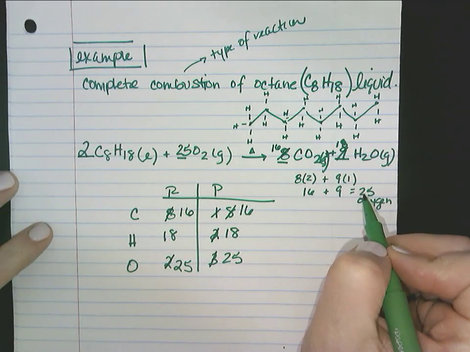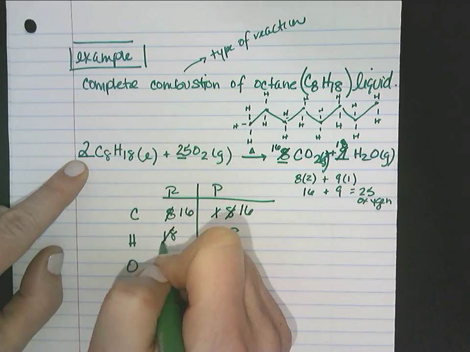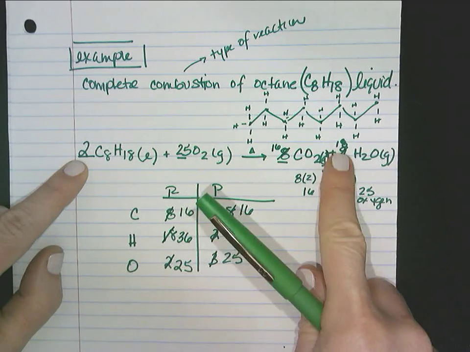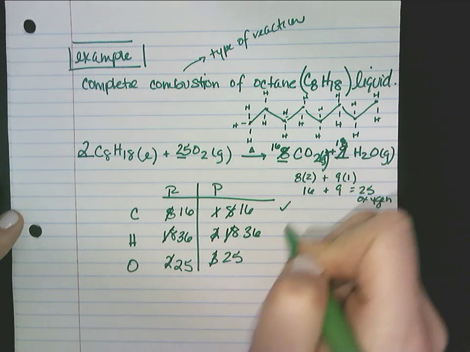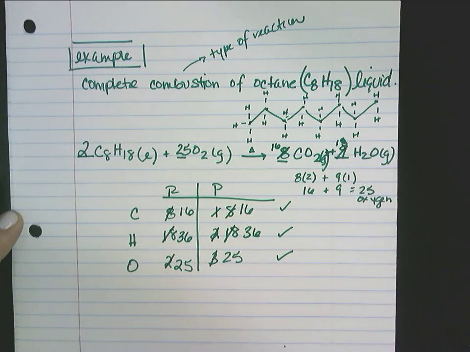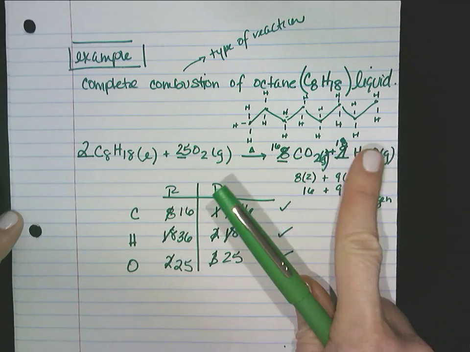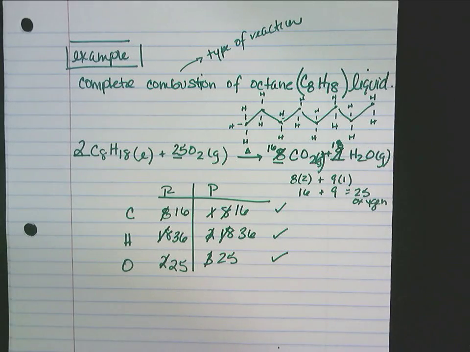And we have 2 times 18, so we have 36 hydrogen. And now we have 18 times 2 hydrogen, which is 36. And we have conserved matter. So our coefficients are 2, 25, 16, and 18. And that's how you balance combustion reactions.